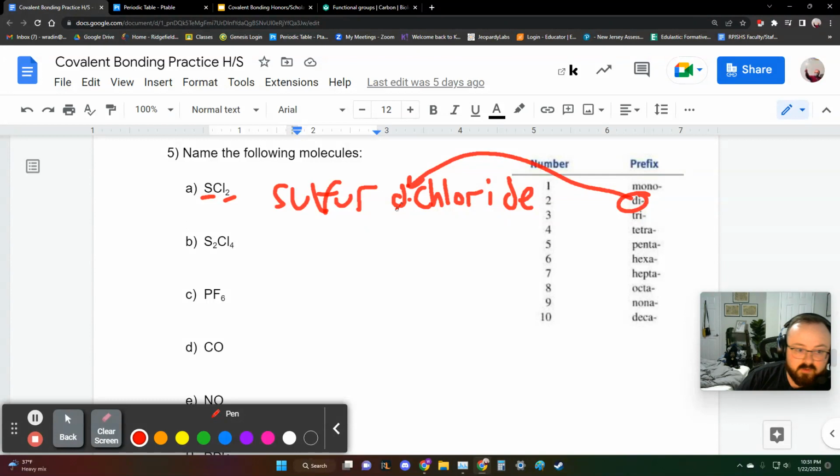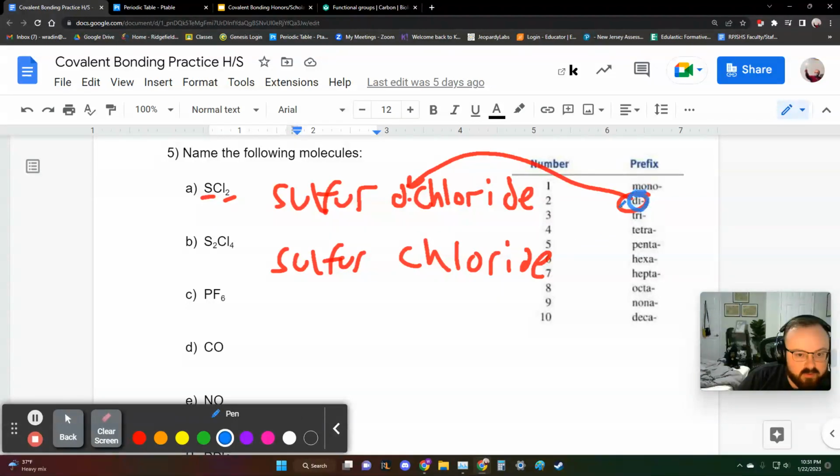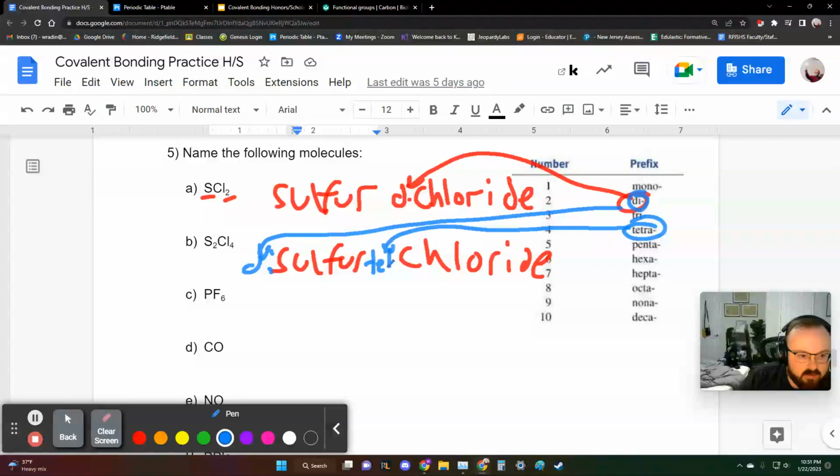This would be called sulfur dichloride. All right. Again, it's the same root, sulfur chloride. But instead, we're now going to take di and put it here. We call this disulfur, and then our 4 is our tetrachloride. Easy, simple like that.